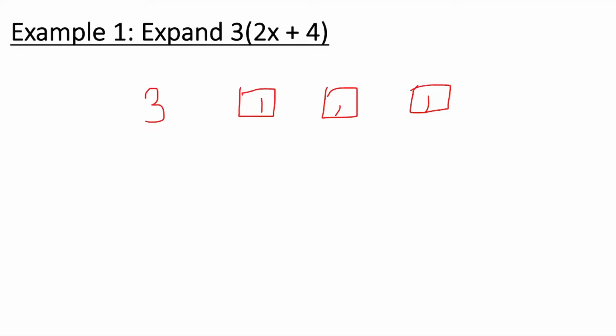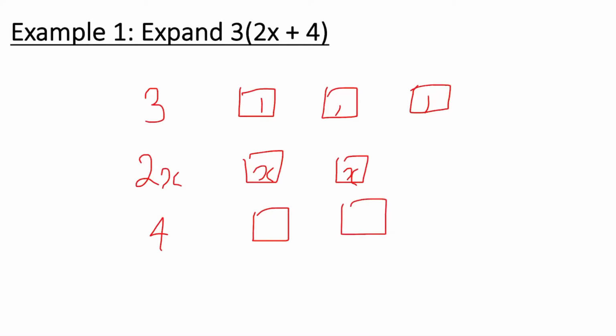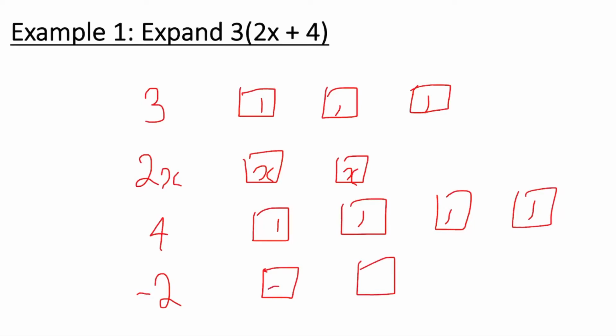On the inside of the bracket we have 2x, and that would be represented as 2 tiles of x's. And we have plus 4, we will represent that as 4 tiles of 1s. Could have negative numbers as well, so if we had -2, we would represent that as 2 tiles of -1s. And again, if that was a -2x, we would represent that as 2 tiles of -x's.